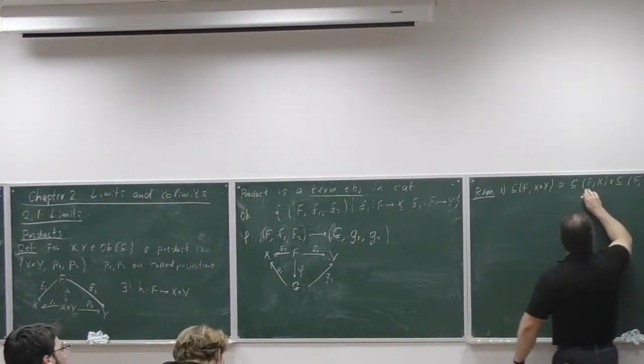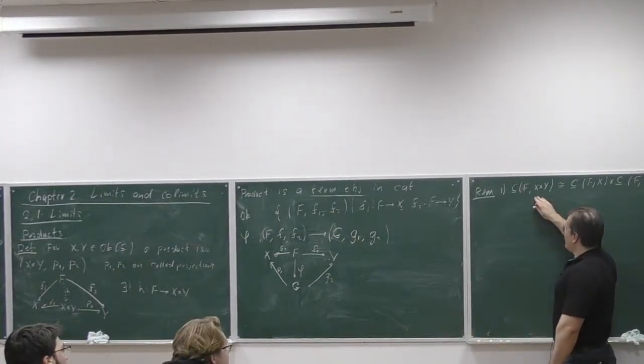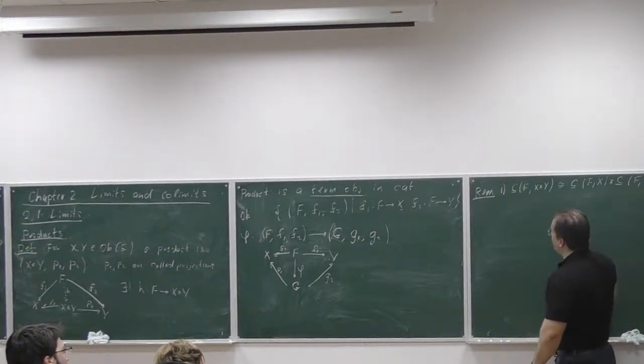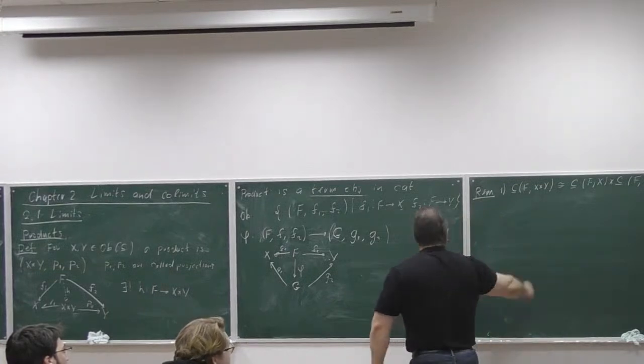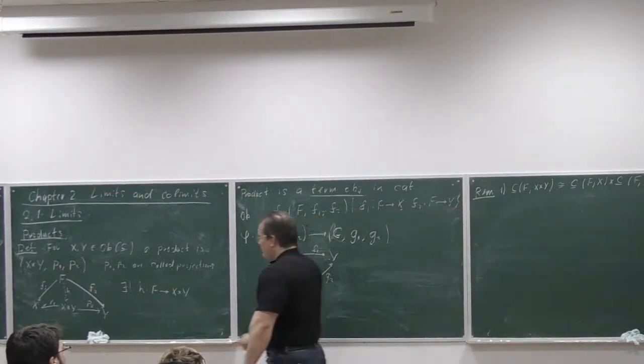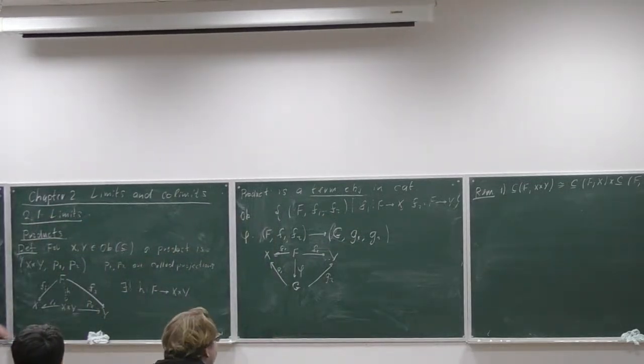Here we have F1 and F2, and we can uniquely construct a map here. And if we have a map here, composing with these two projections gives elements here. So this is not some random isomorphism; it is induced by the composition with these two projections.